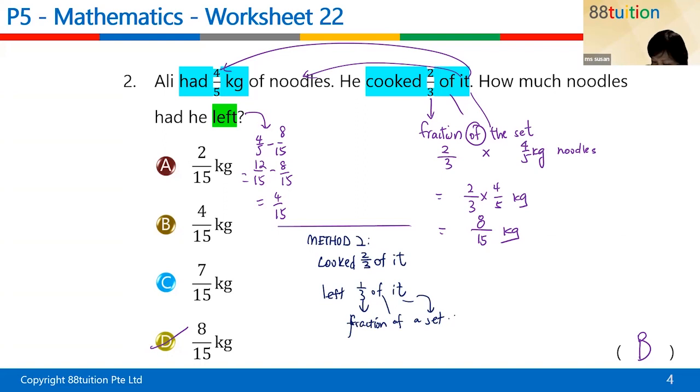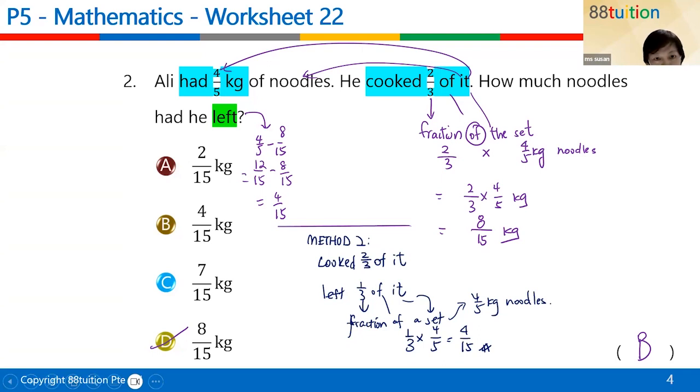Which set is this? Noodle. What is the noodle? 4/5 noodles. So I have 1/3 of it, means multiply. And this one will give you the answer directly. And this one comes in quantity for kg.